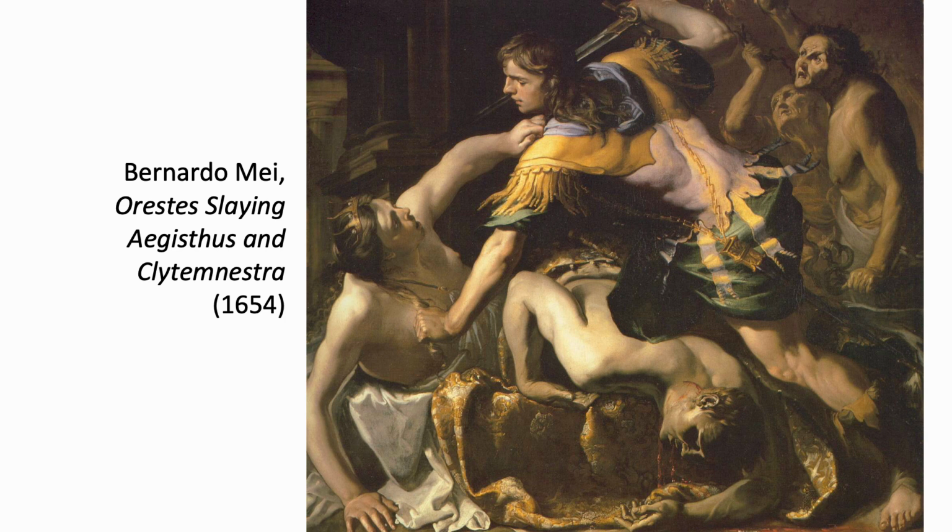Now, this revenge of Orestes upon Aegisthus, the man who killed his father, Agamemnon, happens a couple of years before the Odyssey begins. And why am I telling you all this? Because the story of Orestes' return and the justice of his vengeance upon Aegisthus is a hot topic of conversation throughout books 1 through 4 of the Odyssey.